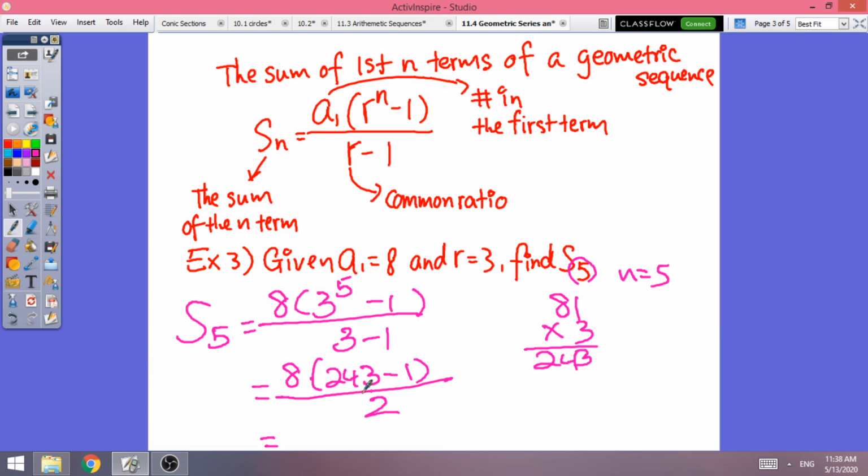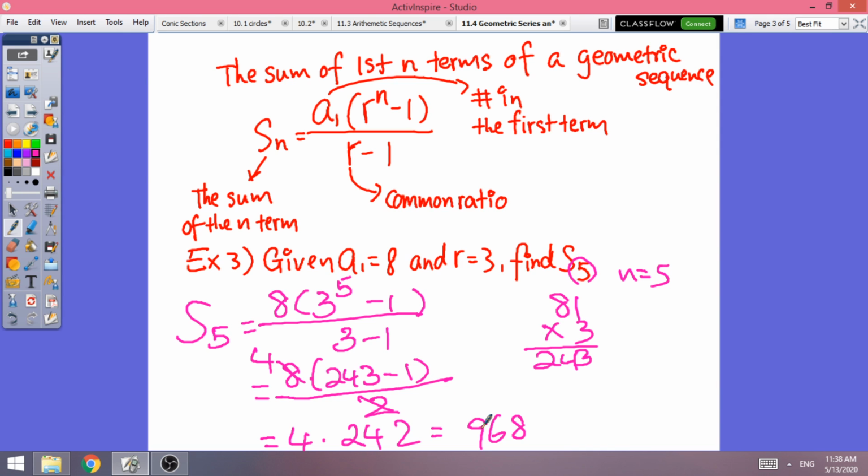Inside the parentheses, 8 over 2 we can reduce down to 4. So 4 times 242 is 968. So the sum of the first 5 terms of this geometric series is 968.